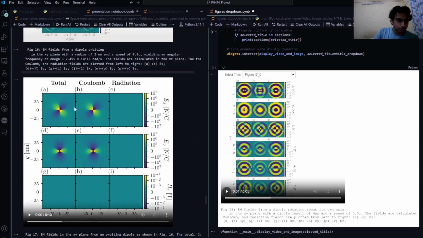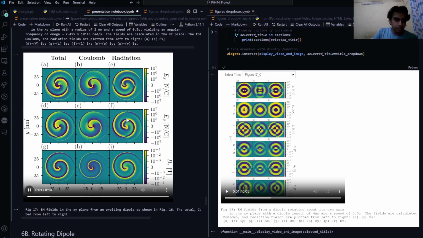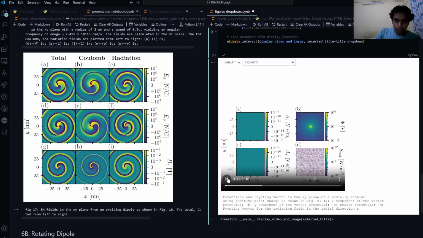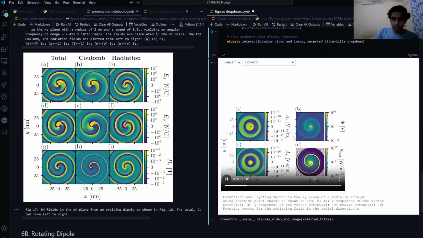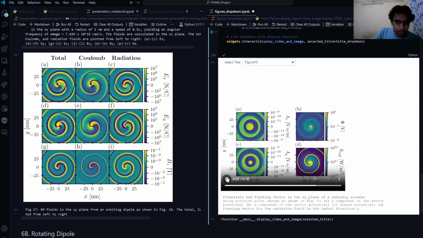We also plot out the fields in the XY plane, and here we see something very interesting as well. We see spiraling, which is similar to this figure in 10, where you can see a point charge moving about a circle, and here you can see the vector potentials produced by that point charge, right?